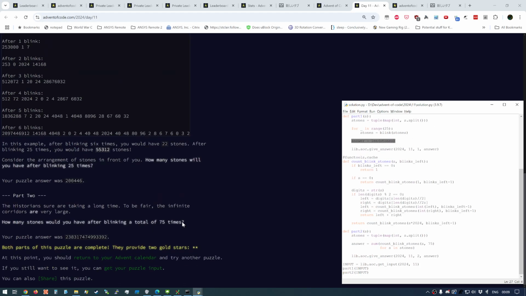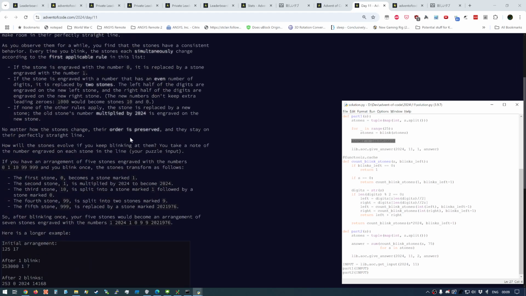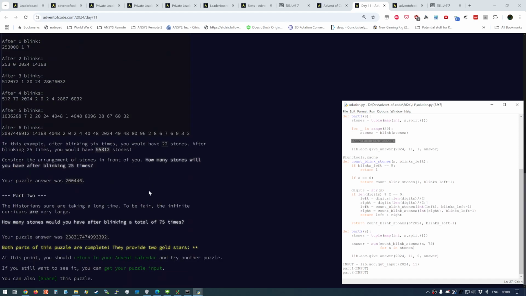Part two, doing this 75 times isn't going to work. Like, just look at the size of that number. So that's when we need to take into account the observation that this says the order is preserved, but we don't care. As such, we can treat each stone individually. Since we can treat each stone individually, then we can memoize this.